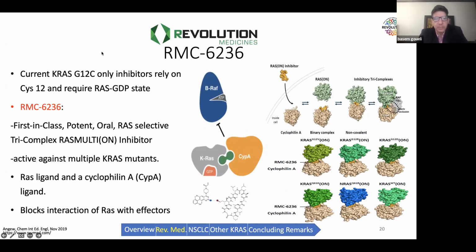Yeah. Thanks. So I think, as Bassam mentioned, this is indeed a revolutionary advancement in the field, and no wonder this is a first-in-class inhibitor. The biggest difference here is twofold.